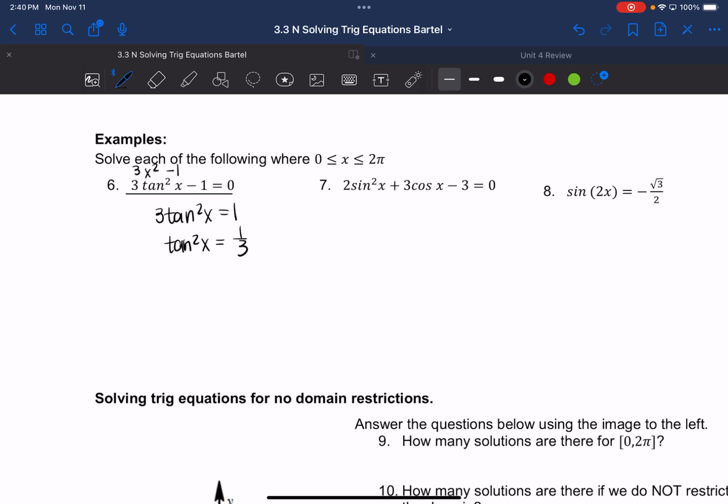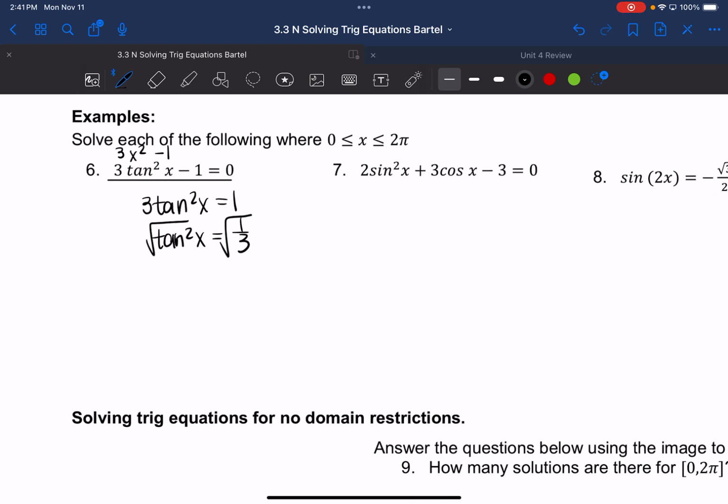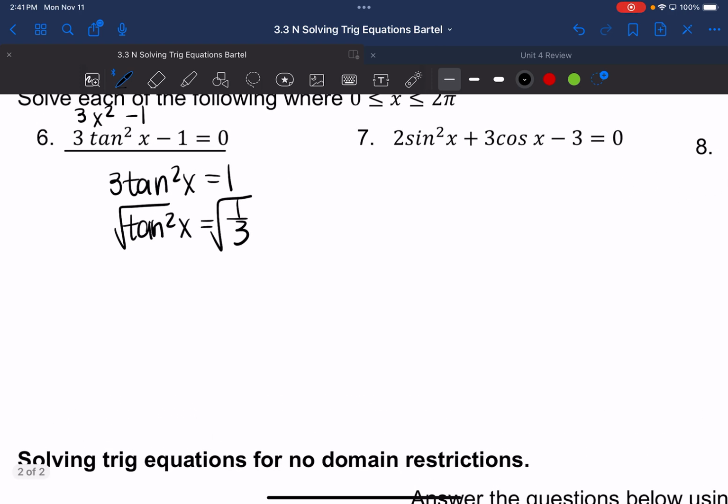And then what? Take the square root, right? We want to get rid of that square. Okay, now remember, I can also write this as square root of 1 over square root of 3 and it's equivalent, right? Okay, so then tangent of x is equal to, what is the square root of 1? 1.